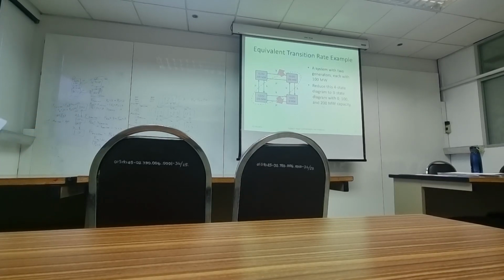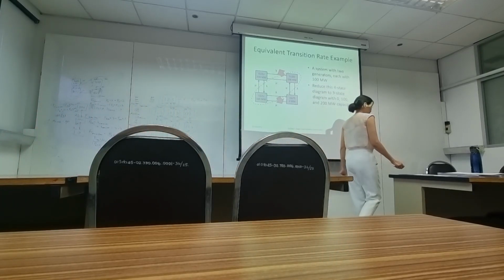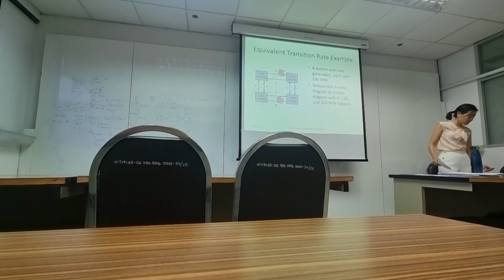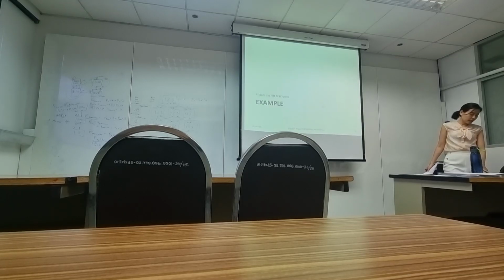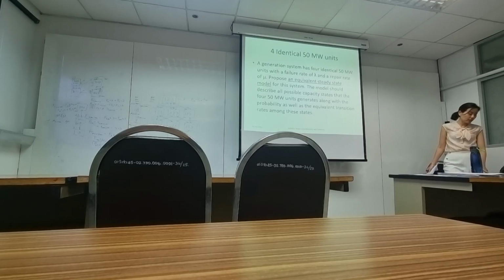You see there's a pattern here, exactly the same pattern. You can apply that to a three-state unit. And the example that I've given in the slides is actually the 4-unit case. Each of these has identical units with failure rate lambda and repair rate mu.